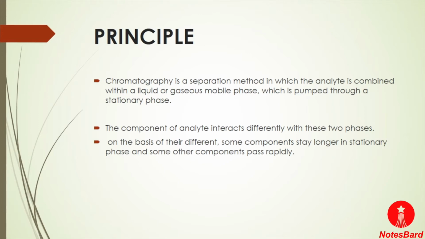Each sample component elutes from the stationary phase at a specific time, which is called its retention time. On the basis of this differentiation, some compounds stay longer in the stationary phase and others move rapidly through it, and that's why they are separated into different bands in paper chromatography, and into different pigments in other chromatography methods. So this is the principle used in chromatography methods.